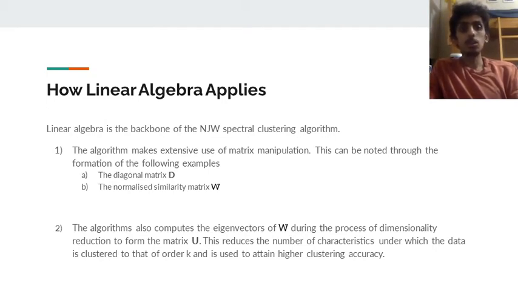This can be seen through the formation of the diagonal matrix D, the normalized similarity matrix W tilde, the base similarity matrix W, the eigenvector matrix U, and the normalized eigenvector matrix U tilde. Without linear algebra, none of this would be possible.